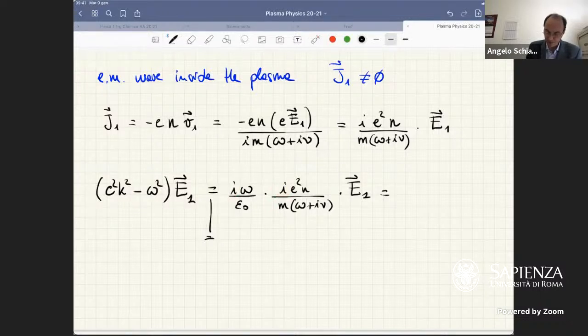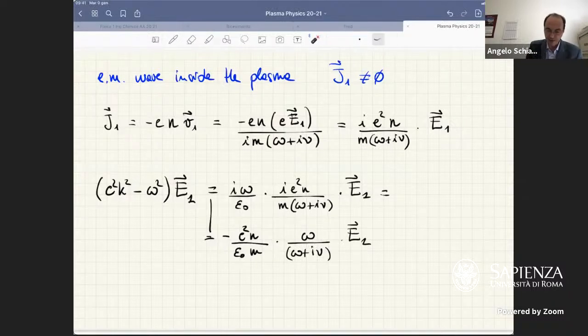Then we have e squared n divided by epsilon naught times m. And then we have on top omega divided by omega plus i nu times E1.